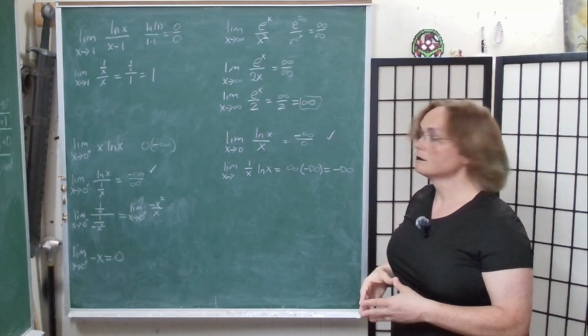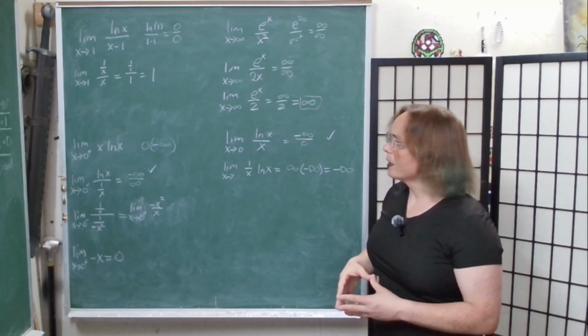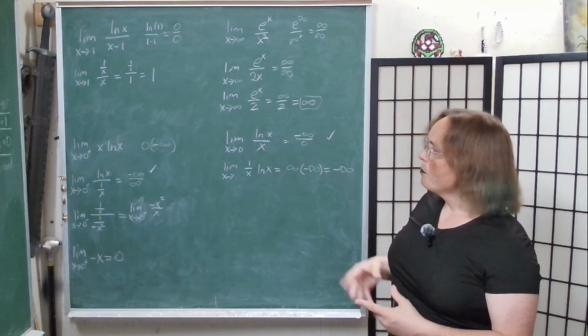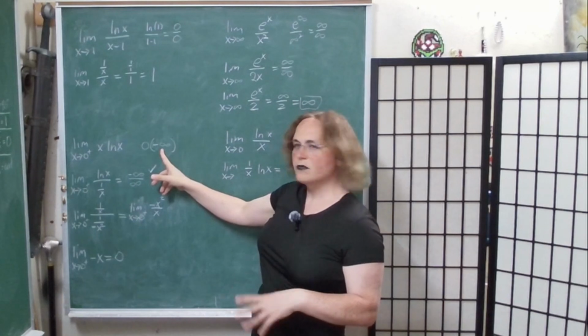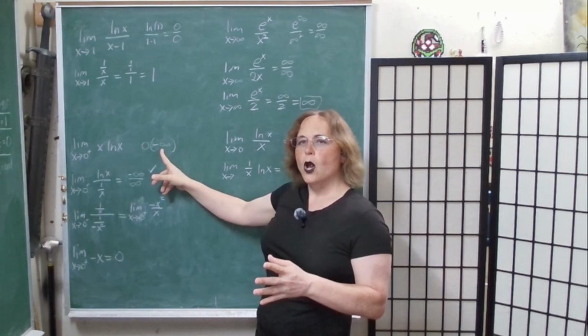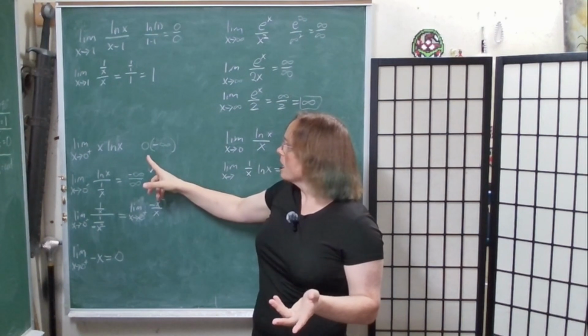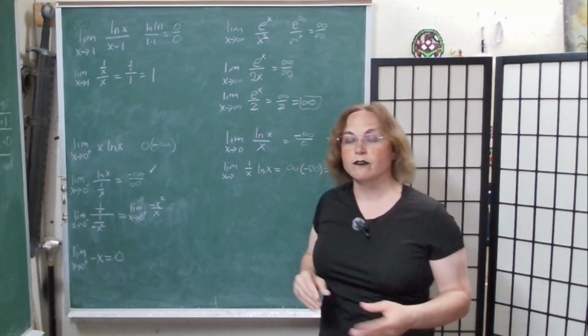No big deal. When we get to number 3, this one's a little trickier because at first we don't qualify for L'Hopital's rule. But we notice that when we have a 0 times an infinity situation, we might actually be able to do something with that. Because if we have 1 divided by 0, we know that runs to infinity.